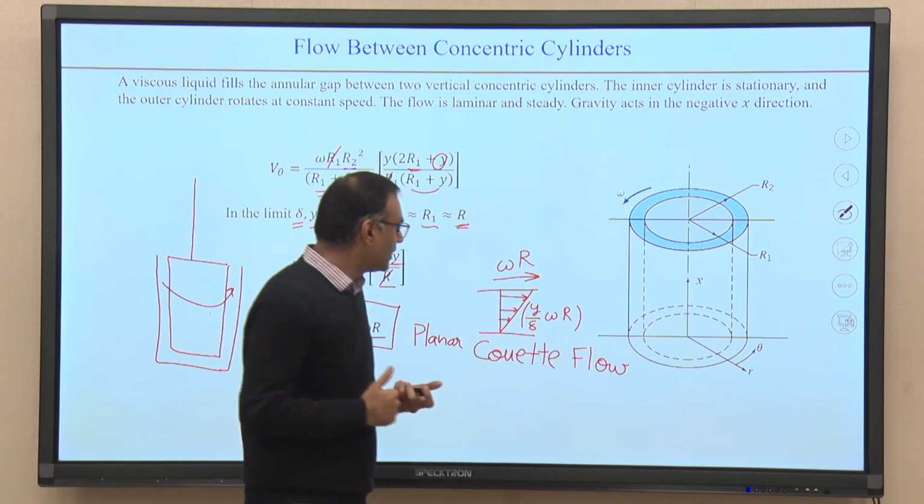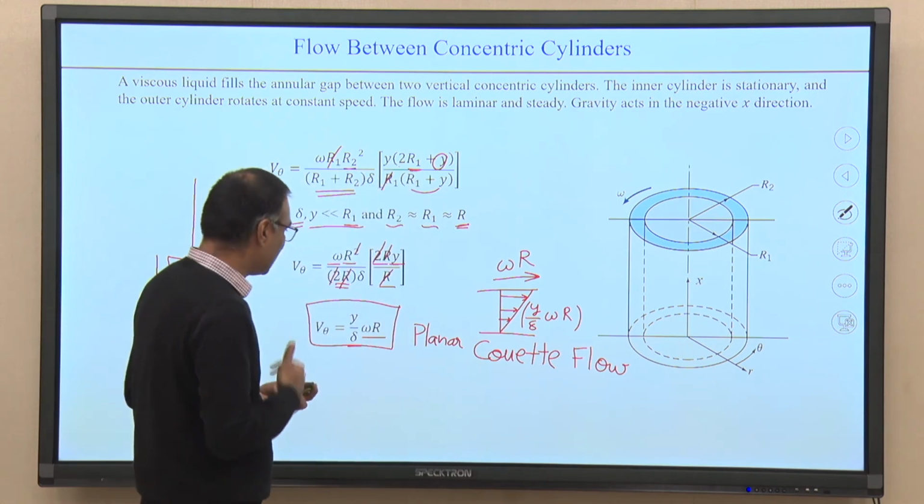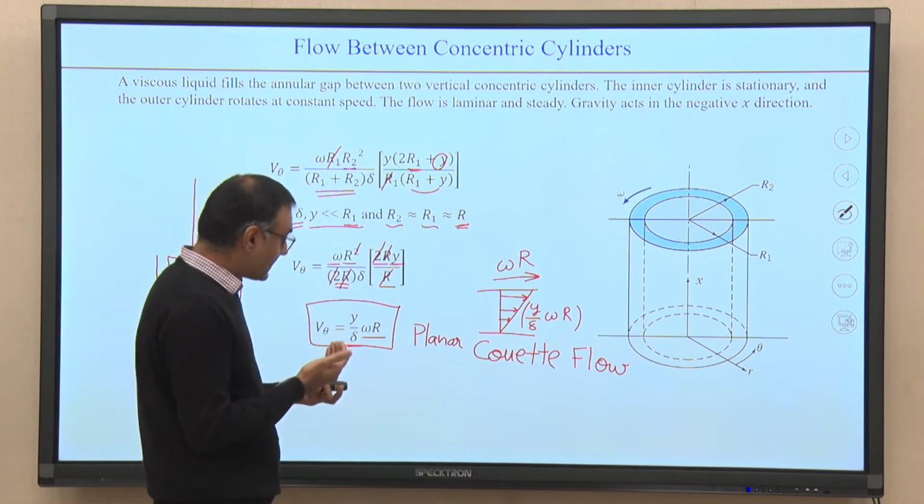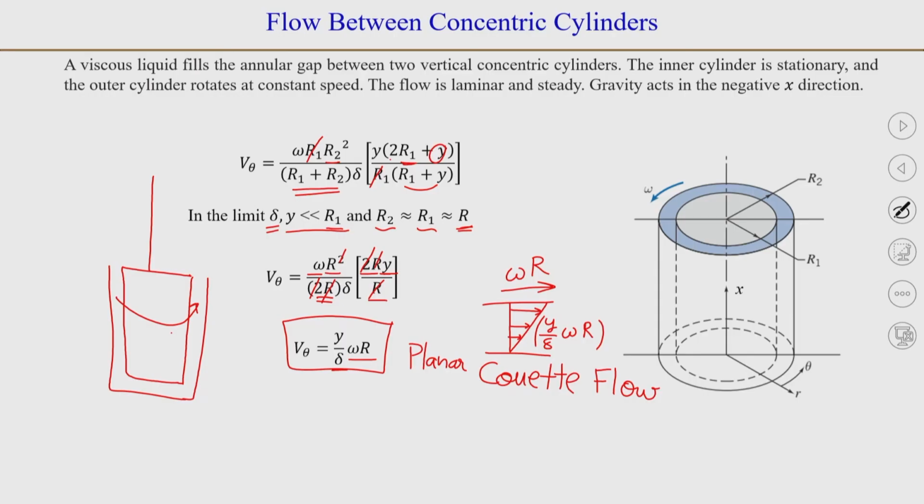So, you will be able to find a general expression. This kind of flow is generally known as circular Couette flow. Okay.